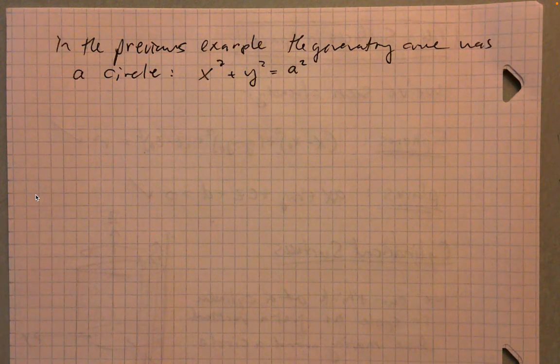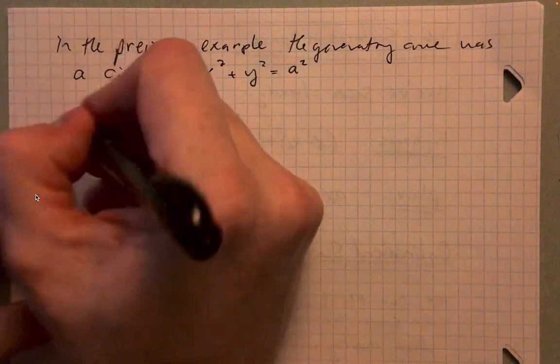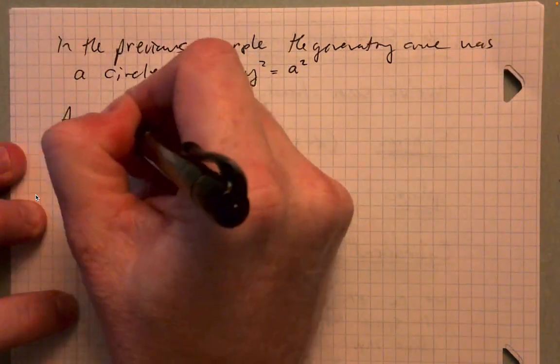So to generate a cylinder, one thing to note is that any one of the rulings can be found by fixing x and y and letting z vary.